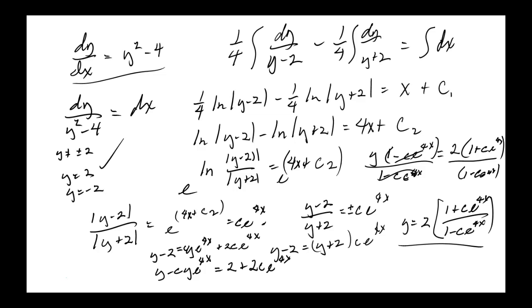So you basically lost it in the solution process, because as soon as you divided here, you basically ruled out that possibility. I don't know why they make such a big deal of it, but this is your solution, realizing that you have a singular solution that you can't get from there.